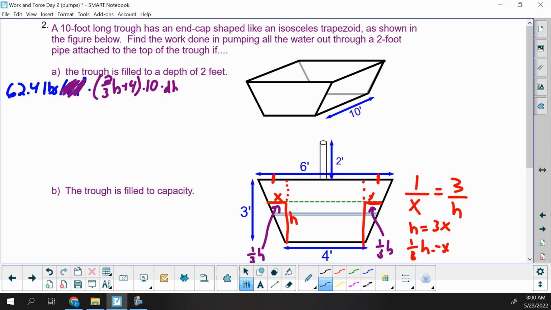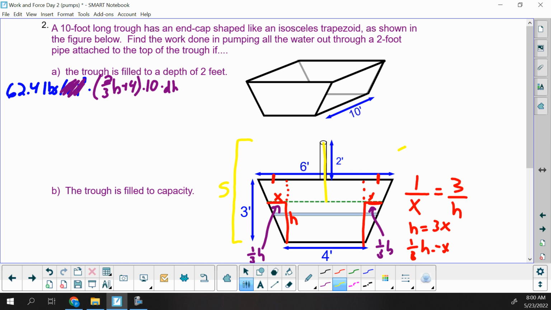We now need to multiply by the distance that each slice would have to travel. Well, this time the slices are being pumped out through the pipe on the top. So that is the distance that this slice needs to travel. In terms of our whole scenario, this whole height is 5.